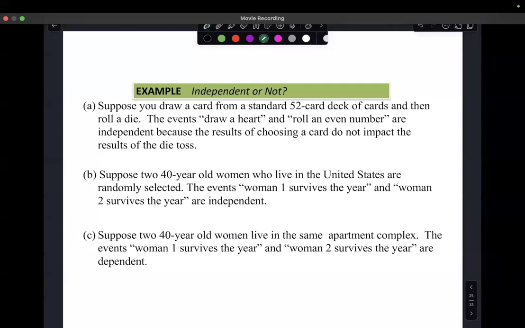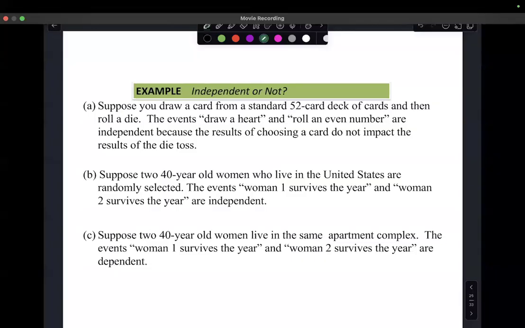However, letter C, two 40-year-old women live in the same apartment complex. The events woman one survives the year and woman two survives the year are dependent. They may never encounter each other, but their paths could cross.